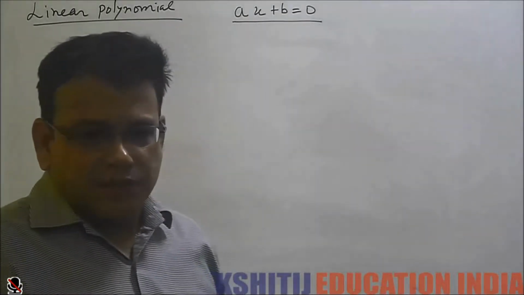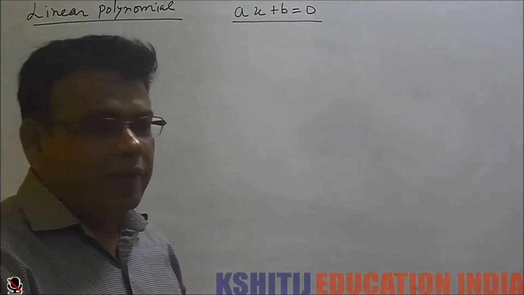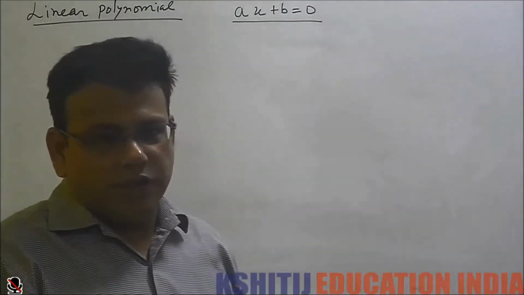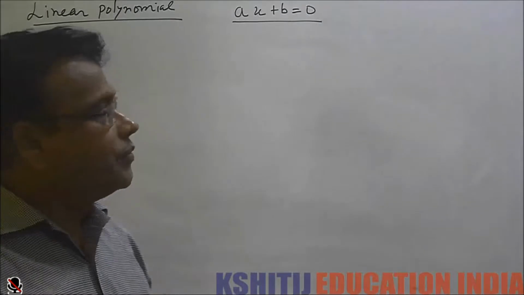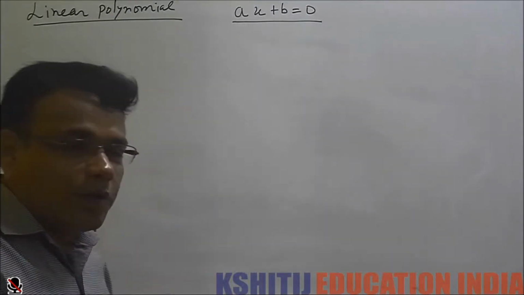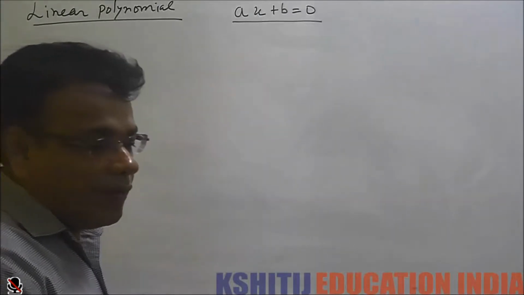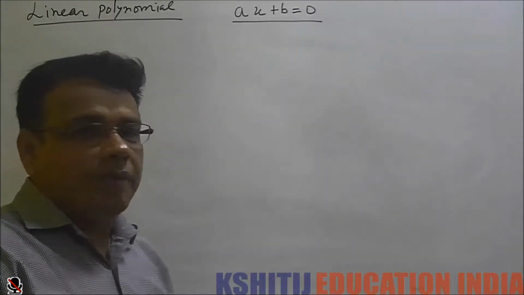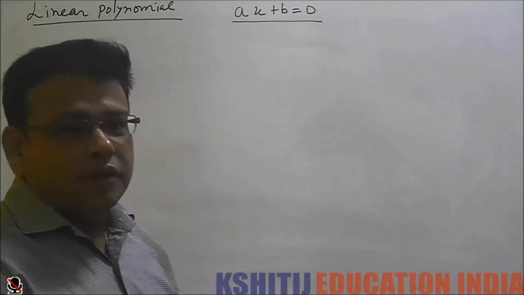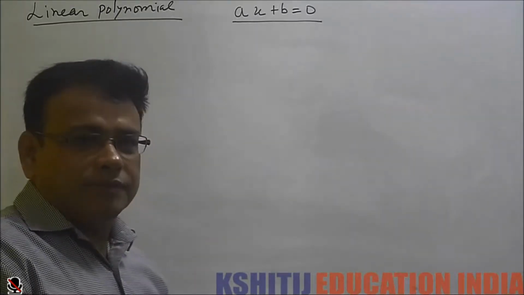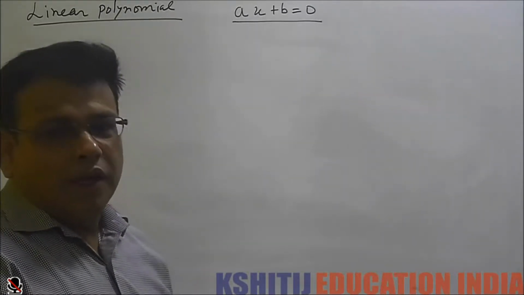Linear means straight. If we draw a line for it on a graph, you would see it's a straight line. It's not a curve. But this polynomial just involves one unknown, which is x, whereas today's topic involves a linear polynomial involving two unknowns.